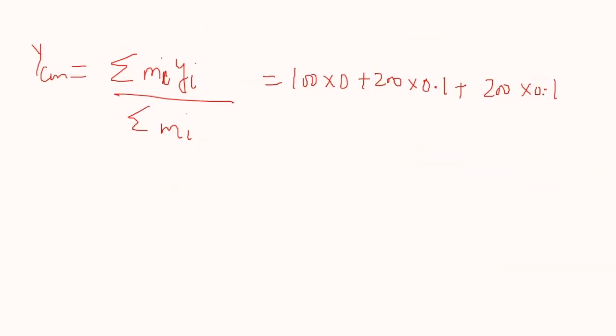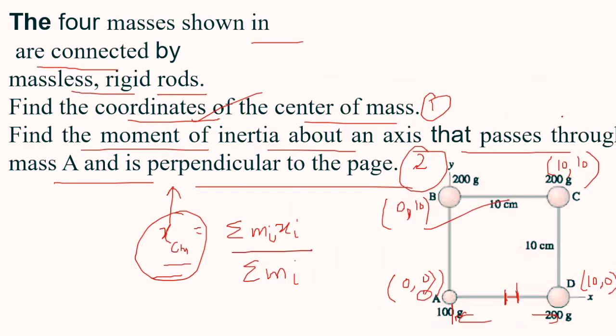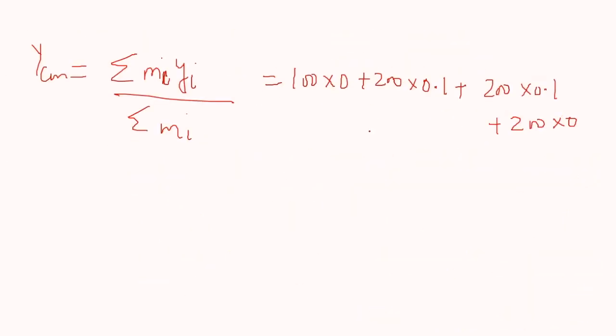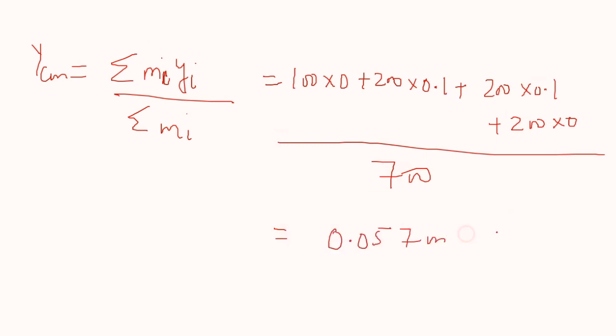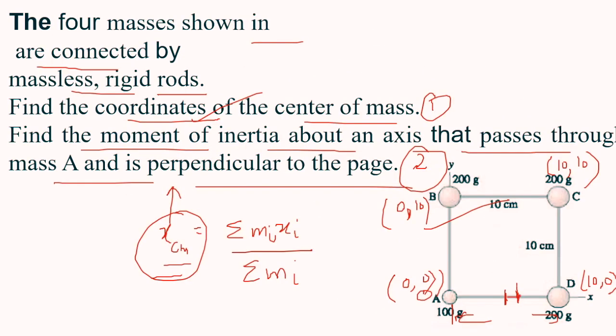And for D it's again 0. Divided by 700 grams, when you solve this it also comes as 0.057 meters, which is again 5.7 centimeters. So if this is the middle, then our center of mass will be somewhere here.